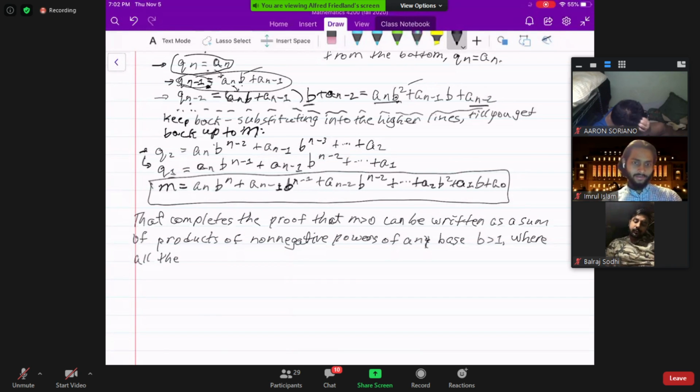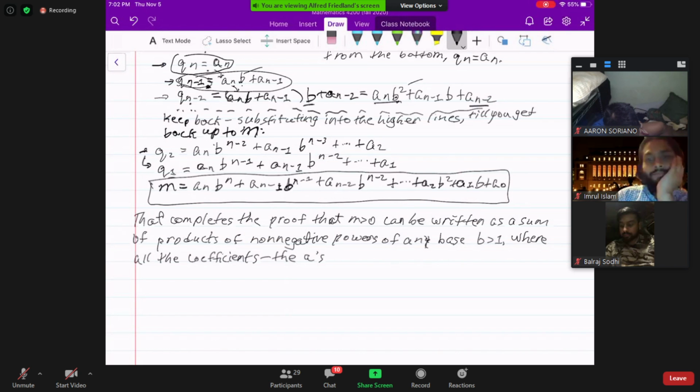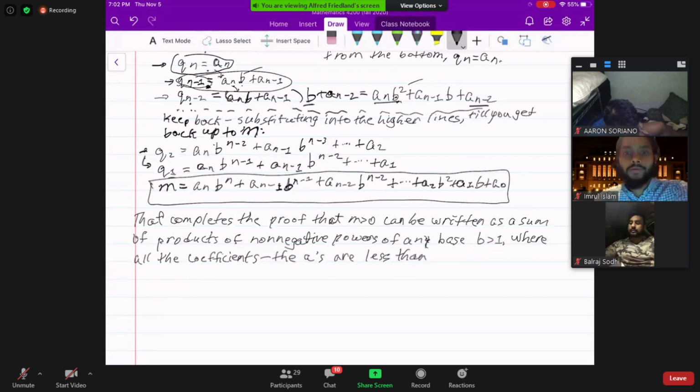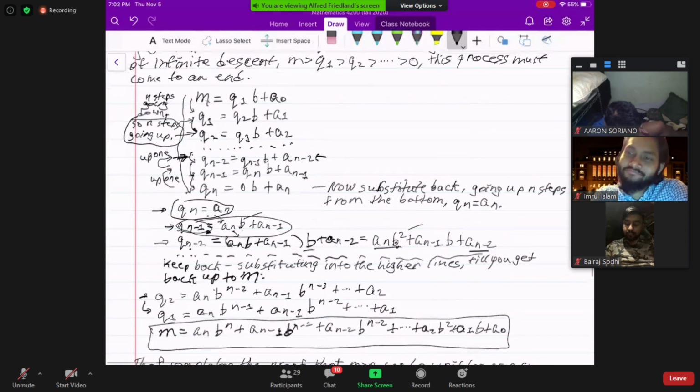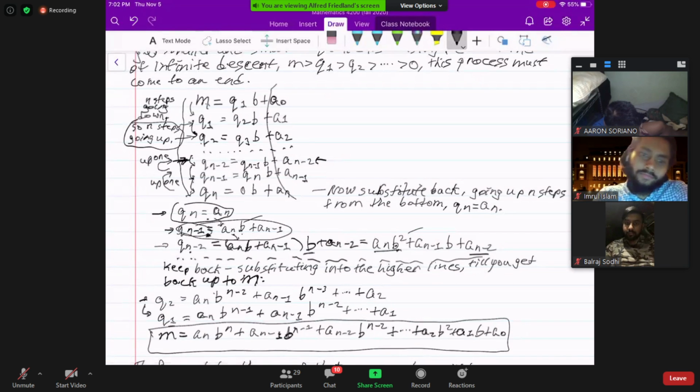greater than 1, where all the coefficients, the a's, are less than the base b. Is it clear why? Take a look at what the a's are.